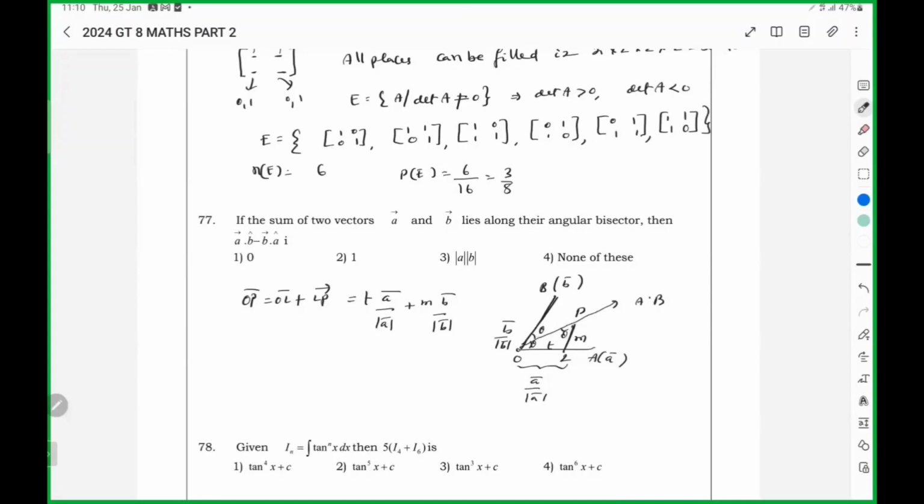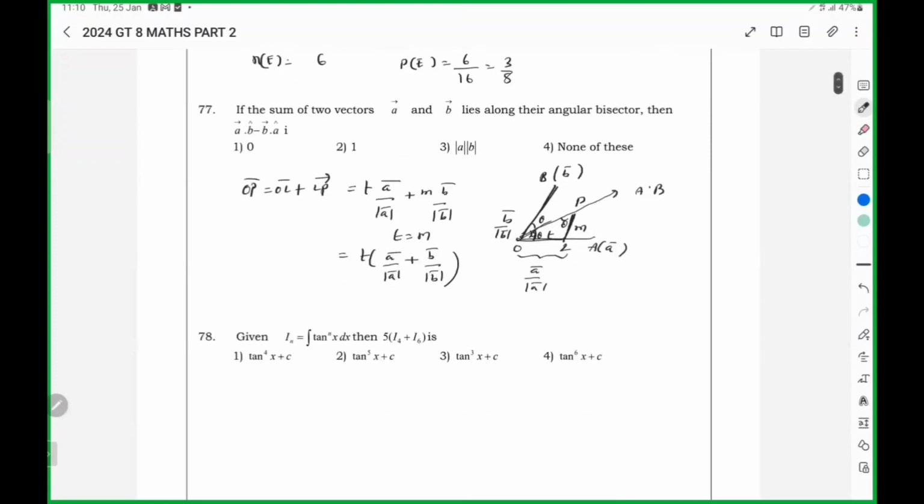Say this is theta, theta. It's the angular bisector. This is theta, and this also theta. When two angles are equal, opposite sides are equal. So the equation along the angle bisector is this. Along this the sum of the vectors lies, which implies T by mod A bar is 1.